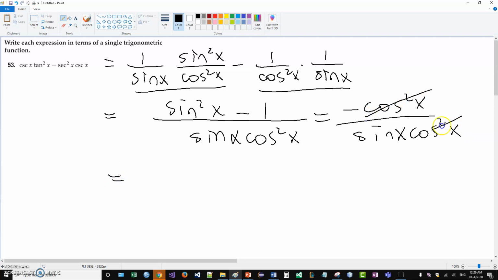Cosine square x, cosine square x, they cancel out, so we have minus 1 over sine x, which is minus cosecant x. And that's it. One trigonometric function, in this case it's cosecant x. Let's pause the video and move on to the next exercise.